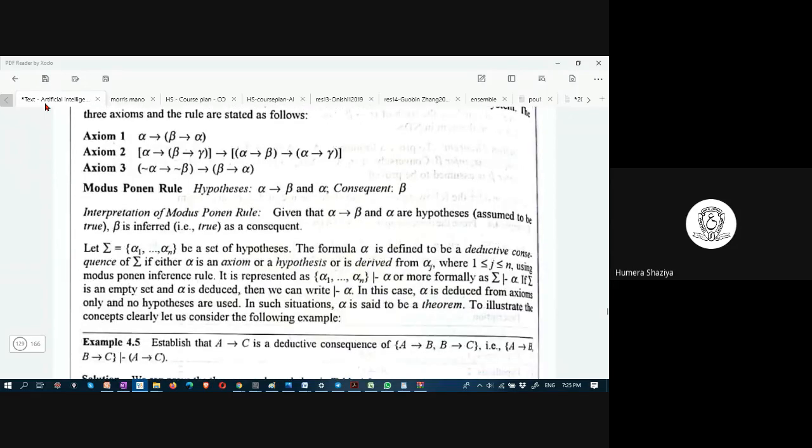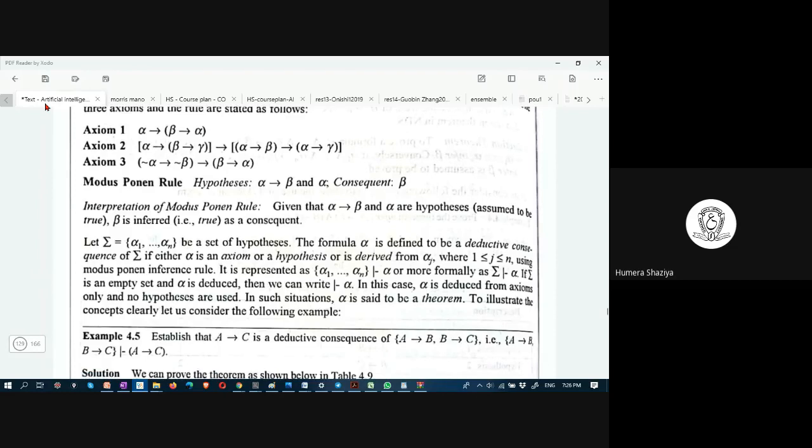That is the consequent. Consequent means what we can derive. Interpretation of modus ponens rule: given that alpha implies beta and alpha are hypothesis. Hypothesis means these are the statements that are assumed to be true, and beta is inferred, that is true, as beta is also a true statement inferred from alpha implies beta and alpha.